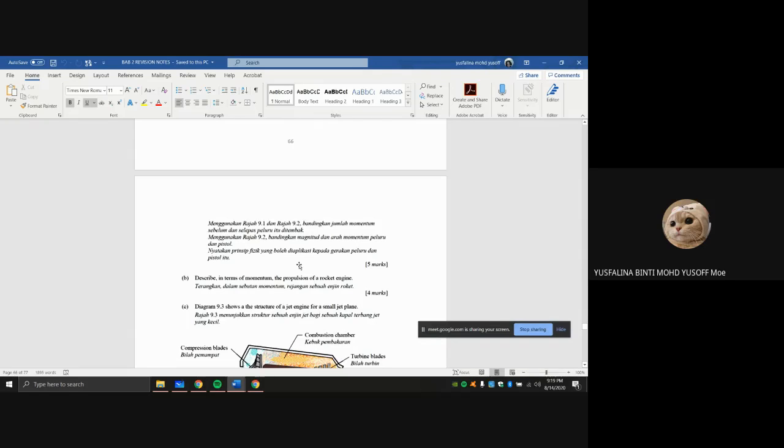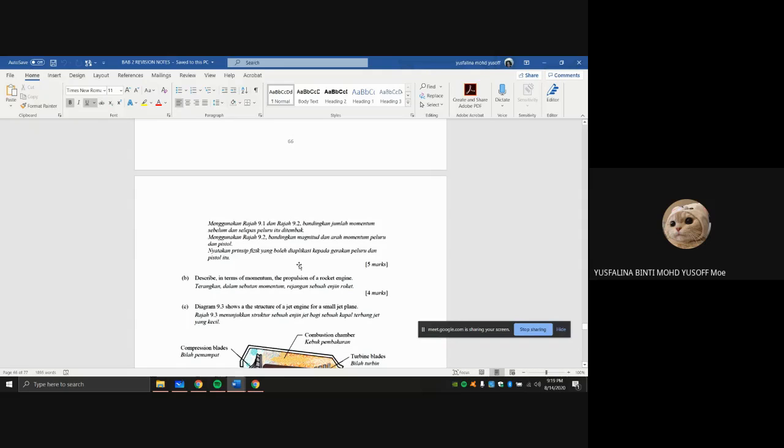The second one is the exhaust gas is ejected out of the rocket nozzle at high speed.